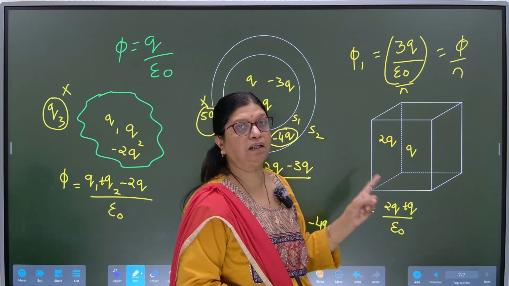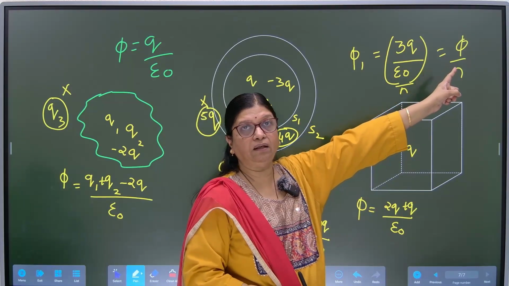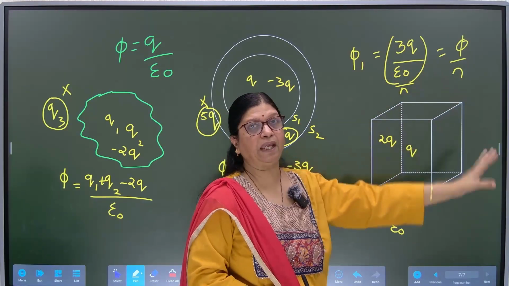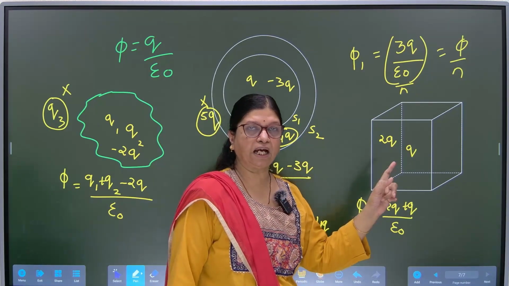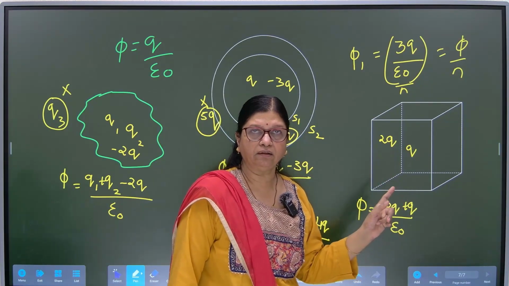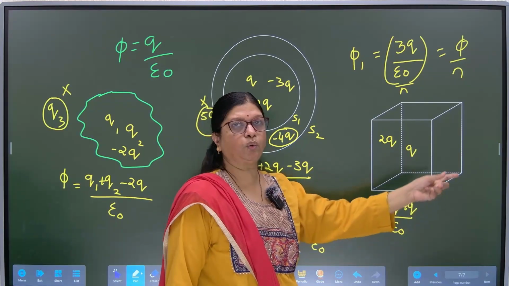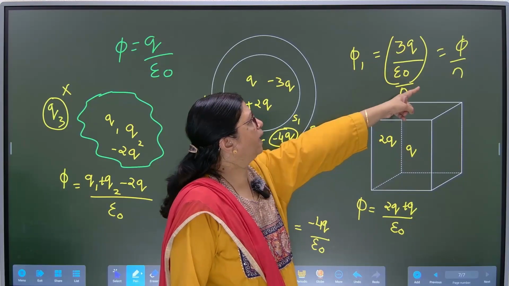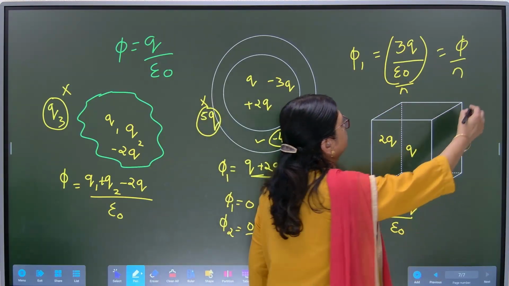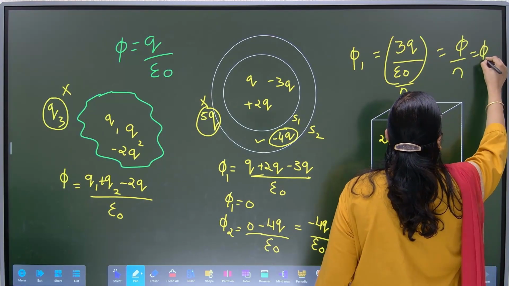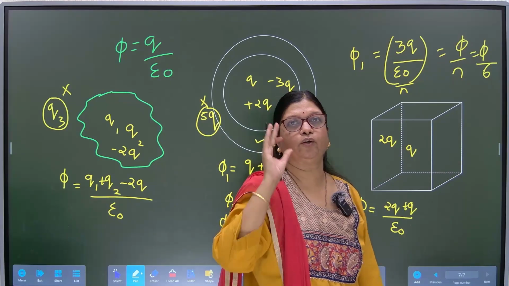If they are asking for the flux through one of the surfaces, then it is phi for the whole cube divided by n, the number of surfaces of the cube. The number of surfaces for the cube is 6. So we can write phi upon 6. That is the flux through one of the surfaces.